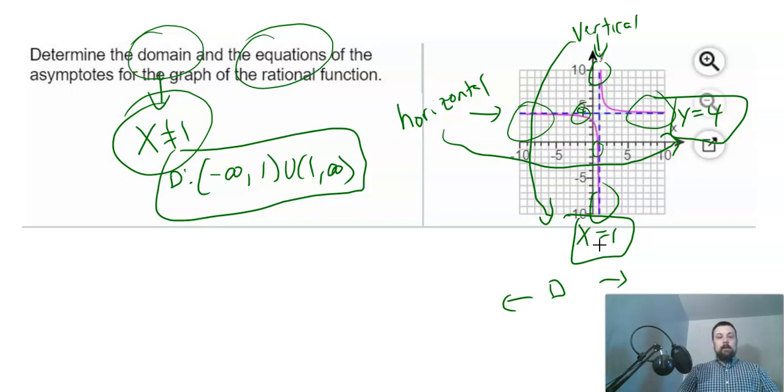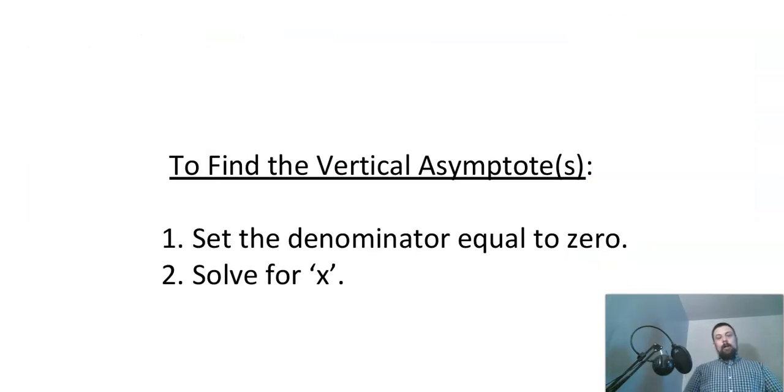All right, let's take a look at an example of graphing a rational function. We're not quite ready to graph one of these rational functions, because we have to talk about how to actually find the asymptotes in order to do that. To find the vertical asymptotes of a rational function, you set the denominator equal to 0 and you solve for x. Whatever solutions you find will be your vertical asymptotes.